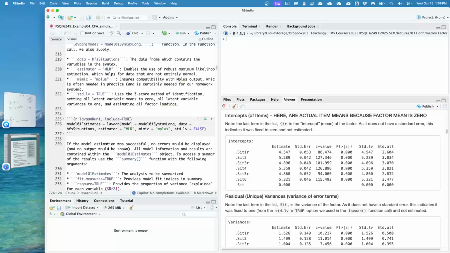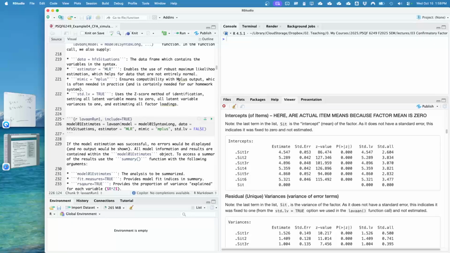The item intercepts again, all the columns are the same. Let's first talk about the estimates. Here you will note that these estimates, if you go back to the means in the top file, should be equal to the means. That's the case because we had a standardized factor, and in the case of the standardized factor, the item intercept basically becomes the item mean.